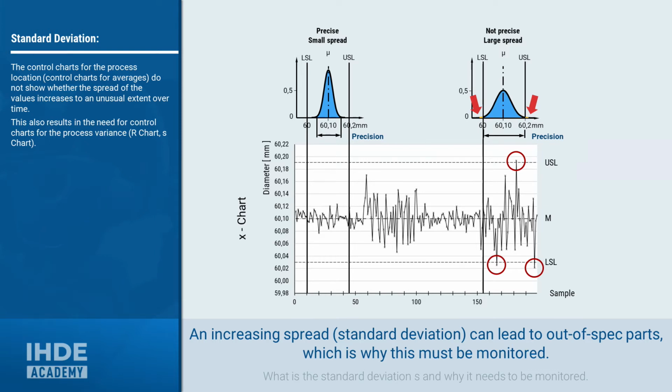Various influences can lead to an increase in the spread of the values. This can be seen on the far right of the diagram. There, the spread of the values has increased so much that 3 values are outside the permissible specification. Because increasing process variation can lead to out-of-specification characteristics or products, the process spread should be monitored.